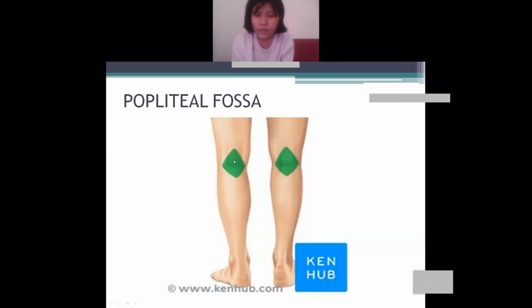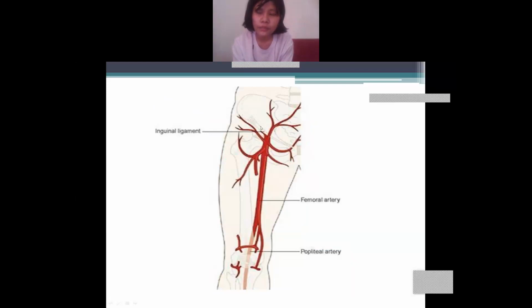Yes. First, let me repeat again. From the inguinal ligament, as the artery runs downwards, you will find the femoral artery. Where does the femoral artery lie? It lies in the femur. This is your femur, right? This is the largest and the strongest bone in the human body. So the femoral artery is located here in this area.